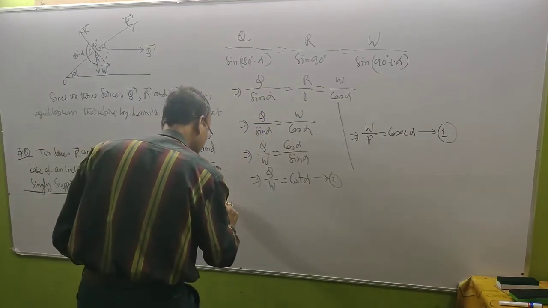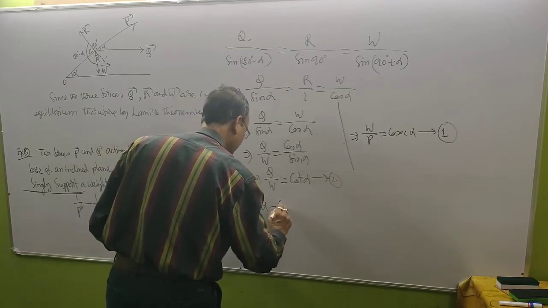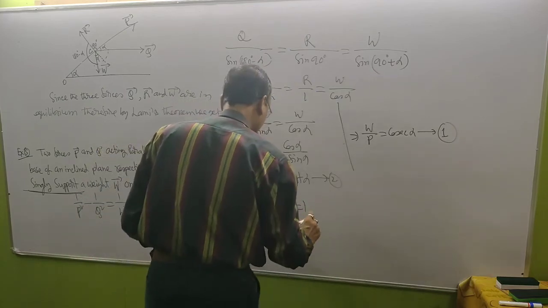Now, cosec square alpha minus cot square alpha equals 1.